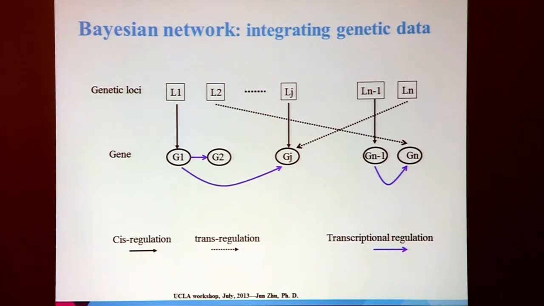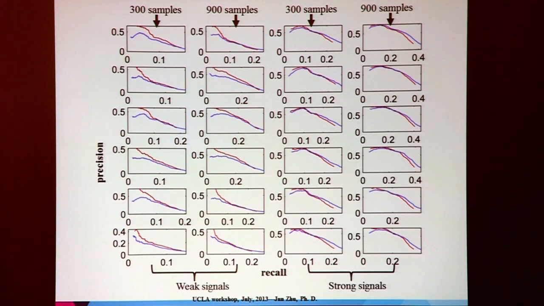If you compare to their true network, the interesting thing, which relates to your question, is that it's really not about human versus mouse, but whether you have a weak or strong signal, and also sample size. When you have a weak signal and a small sample size, the red includes genetics as a node.